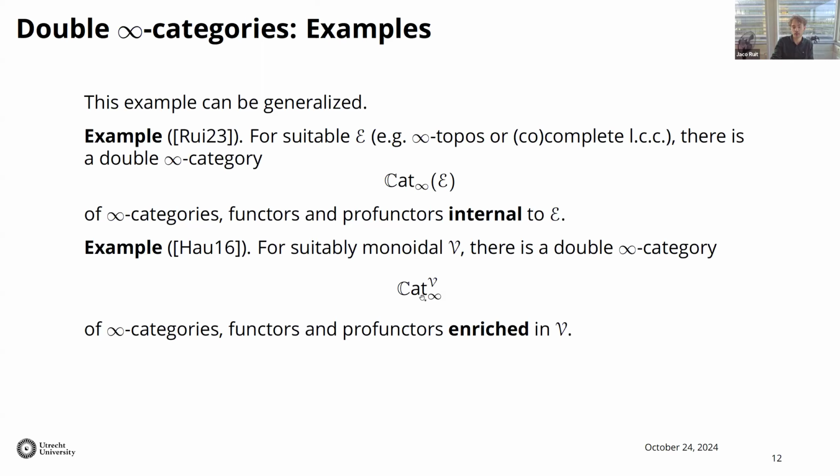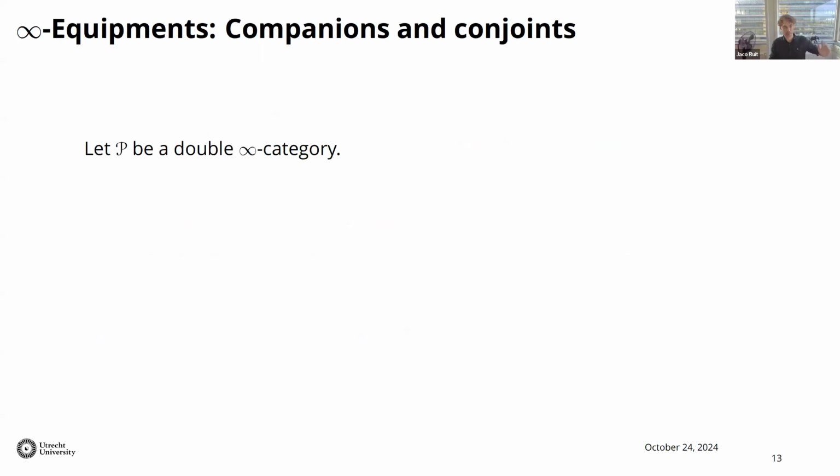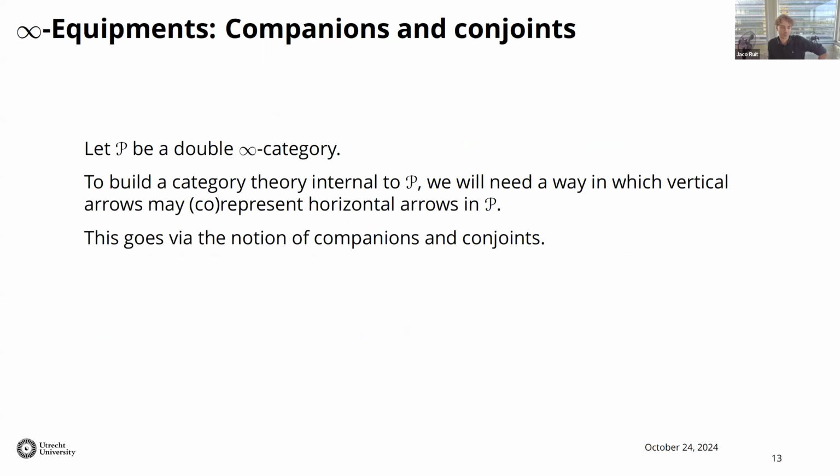For instance, level 0 would be an infinity category because it's a simplicial object in Cat infinity. And in level 0, it would be the infinity category of V-enriched infinity categories and enriched functors between them. So the simplicial object is not a simplicial object in enriched infinity categories, but really a simplicial object just in infinity categories. Maybe that answers your question, and otherwise maybe we can leave it.